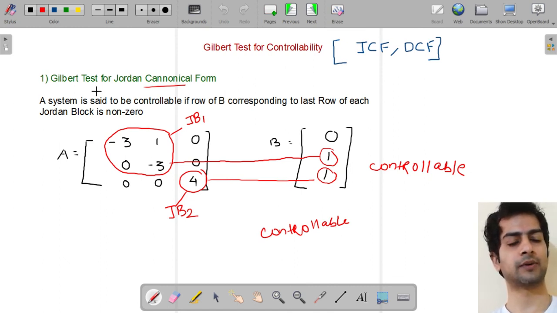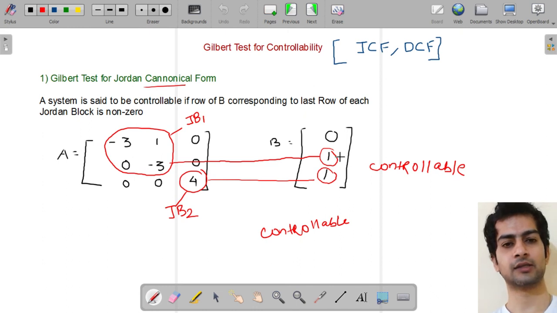and you will get the answer within a minute. So for the Gilbert test for Jordan canonical form, here we saw that we are having JB1 and JB2. For controllability, we have to refer to the last row of Jordan blocks, and corresponding to that last row, we have to check the row elements of B. That row of B should be non-zero.